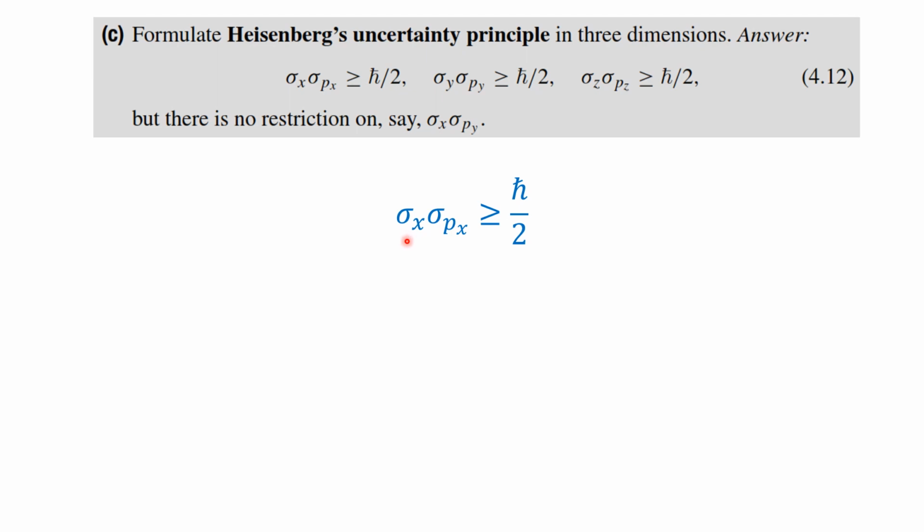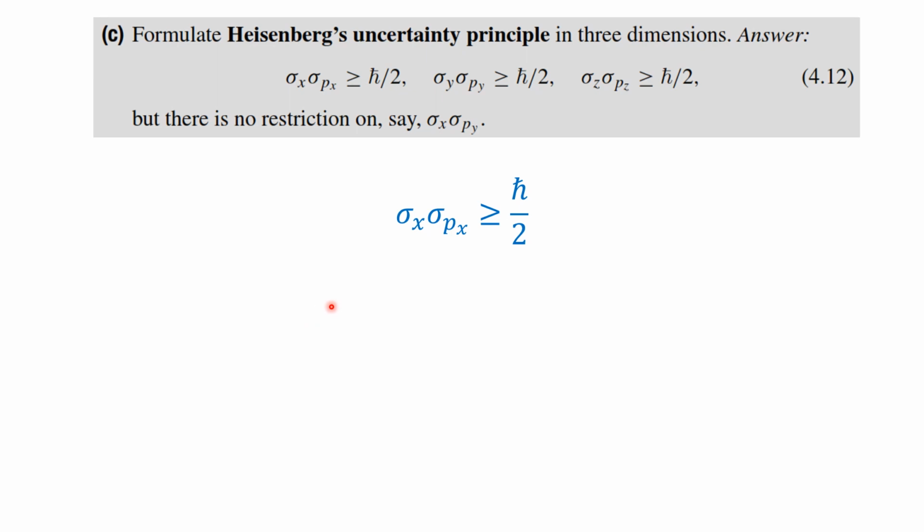Whereas the momentum along y and z directions and the position along the x direction can be measured simultaneously and accurately. Only along the same direction, momentum and position cannot be measured accurately. That point I would like to highlight here.